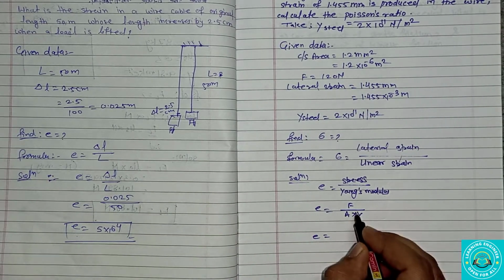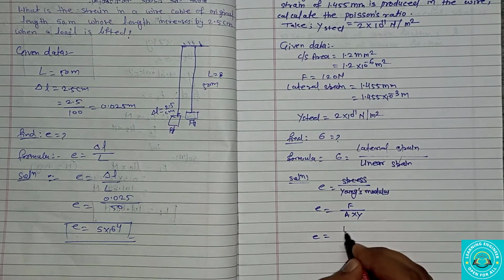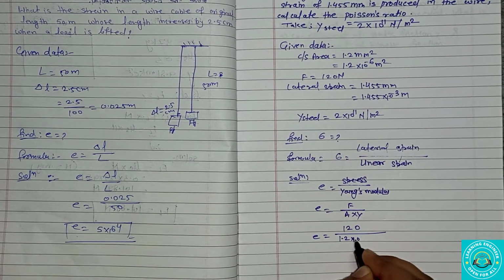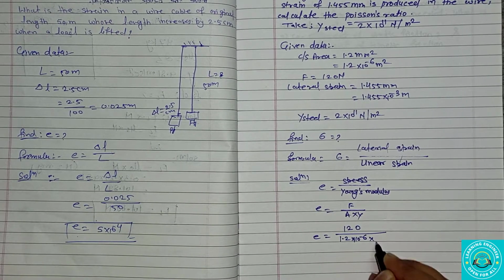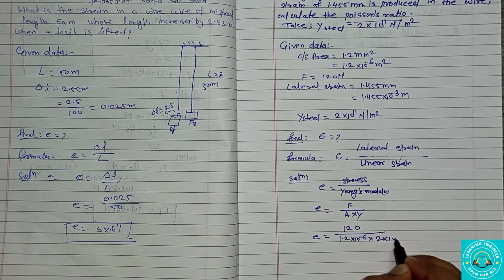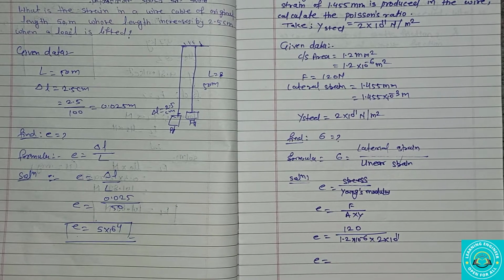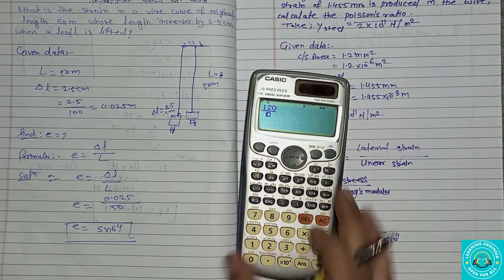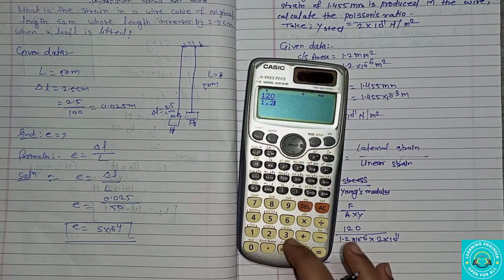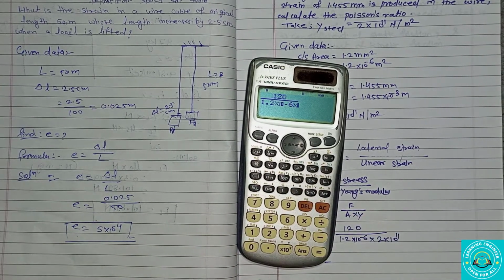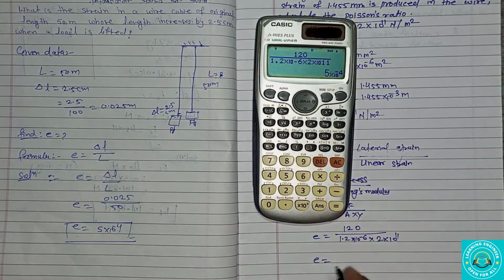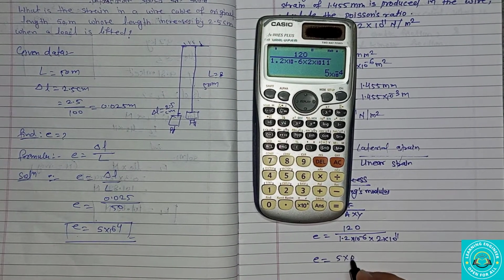Therefore, E is equal to I have force of 120 Newton and area is given 1.2 into 10 raised to power minus 6 into Young's modulus also given 2 into 10 raised to power 11. Therefore, E is equal to 120 upon 1.2 into 10 raised to power minus 6 into 2 into 10 raised to power 11. So I got E is equal to 5 into 10 raised to minus 4.